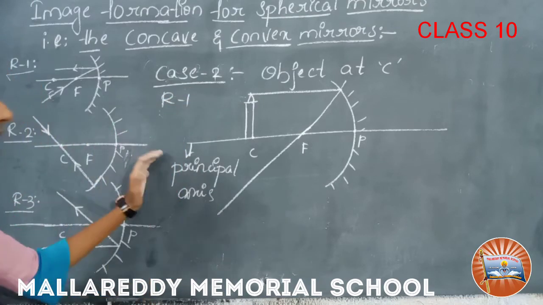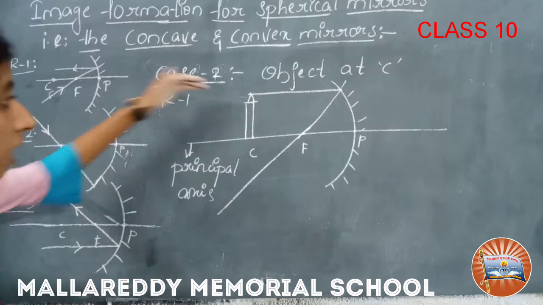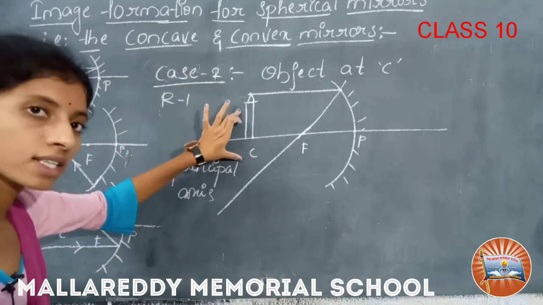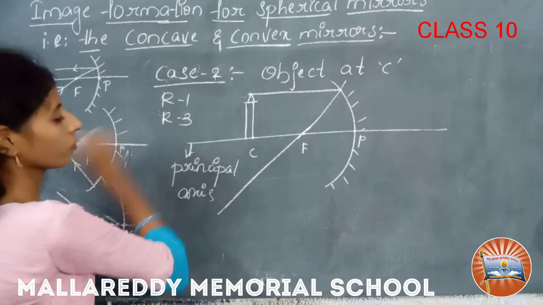Okay. So here we have to follow rule 3, because for rule 2 the incident ray and reflected ray both would pass through the center of curvature only. Here we are taking the object at the center of curvature only. So that's why we have to follow rule 3 here.